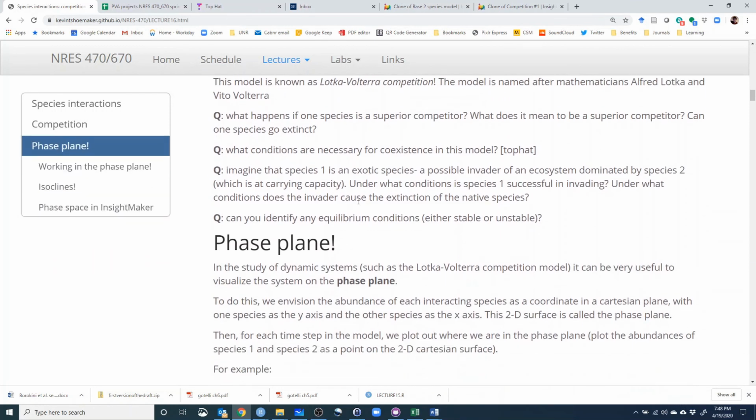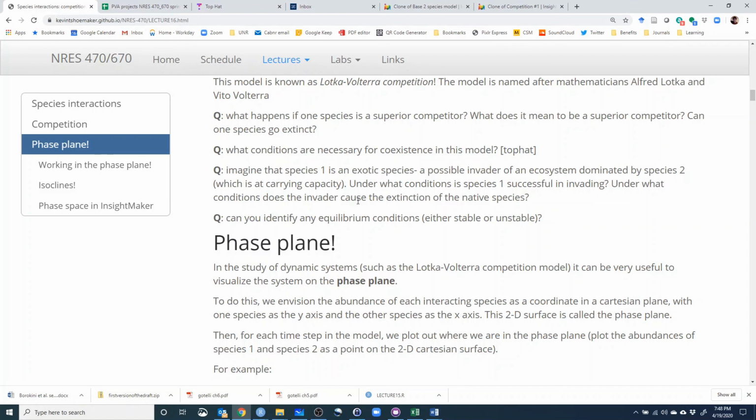Next, I'd like you to think about, what if one species is an exotic invader? That is a potential invader of an ecosystem that's dominated by species 2. So species 1 is the invader, species 2 is already existing. And in fact, species 2 exists at its own carrying capacity. So the initial conditions has species 2 at its own carrying capacity and species 1 at very low abundance. It's just been introduced into the system.